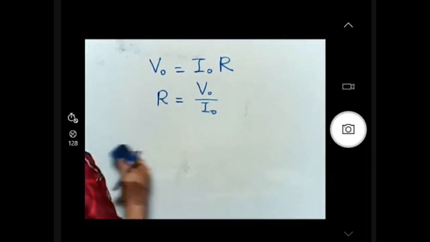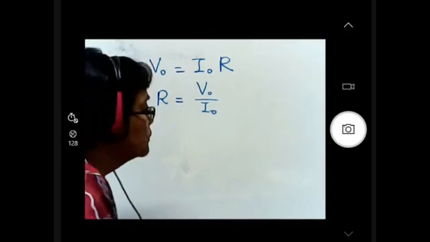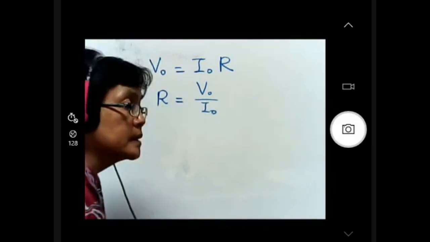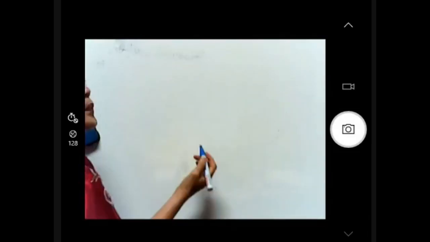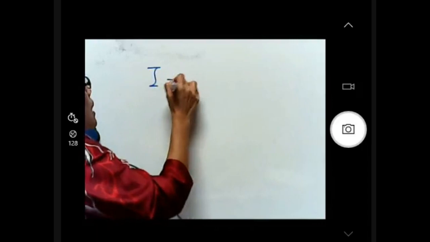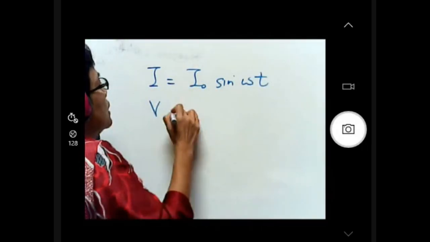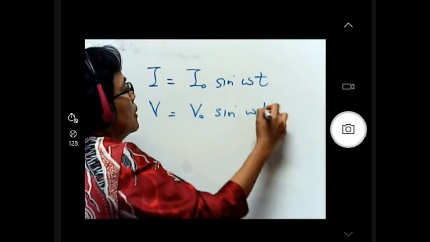Okay. So R is the opposition to the flow of alternating current due to a resistor. Then we also find that for a pure resistor, if the current is I equals I naught sine omega t, V will become V naught sine omega t.